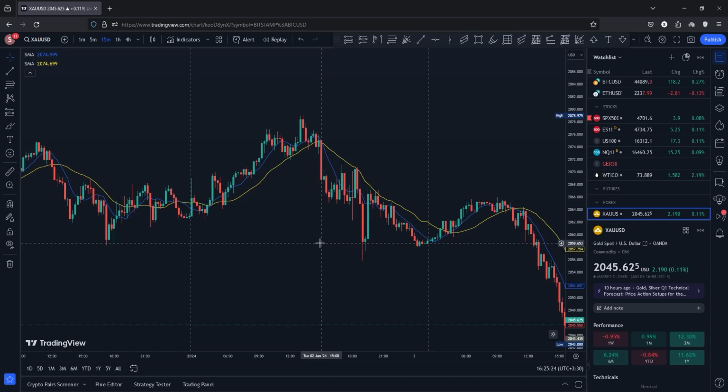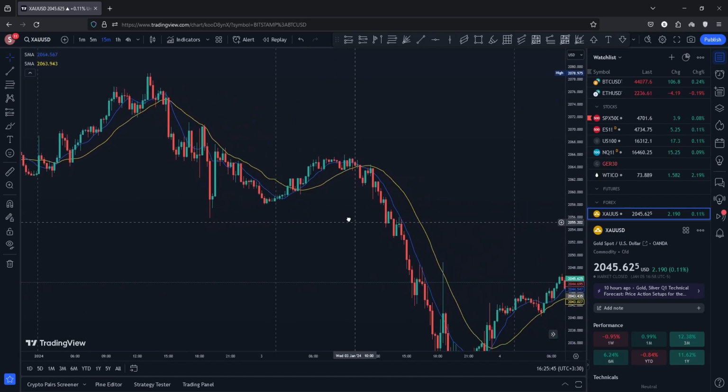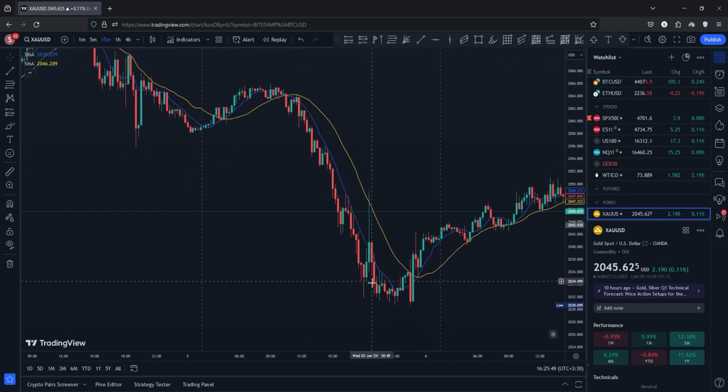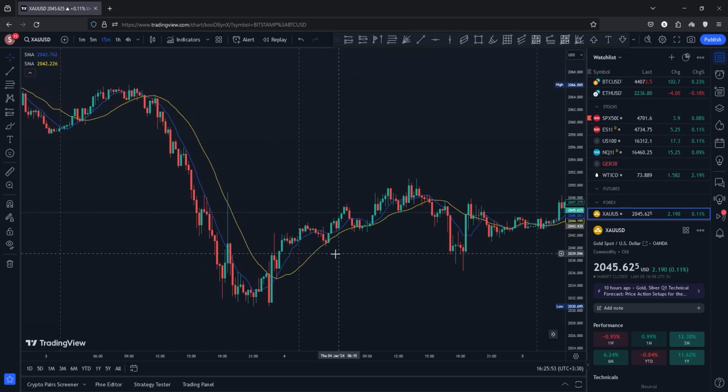For the London session, there is no entry on this day, but there's a short here that gives you a little late entry, but it can give you a good profit. For the other day, it gives you a good trade, only one trade a day.